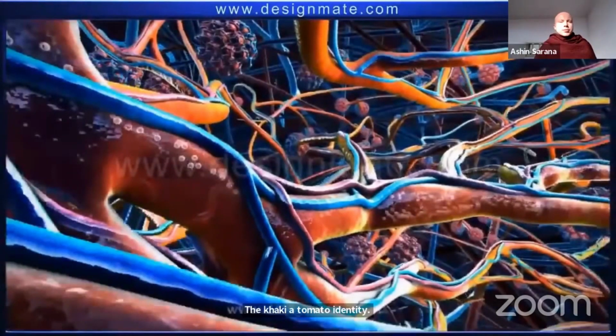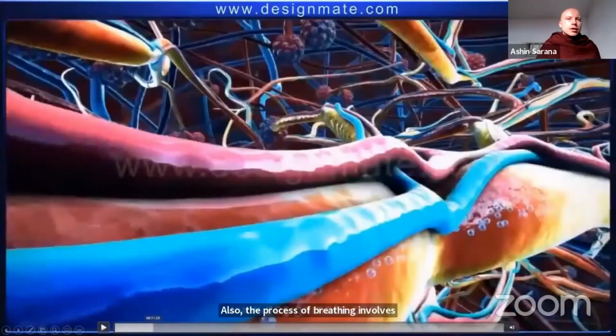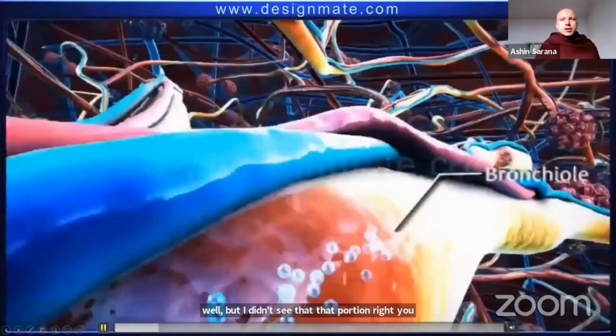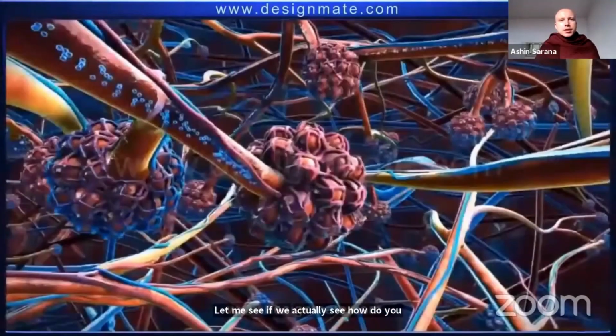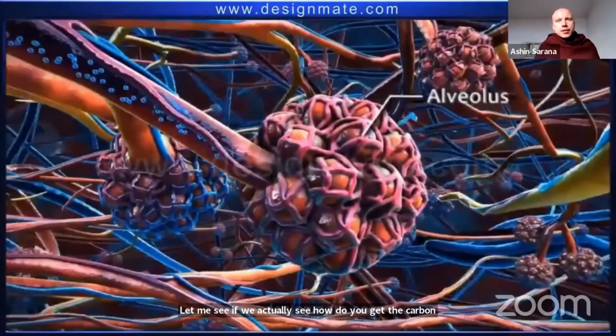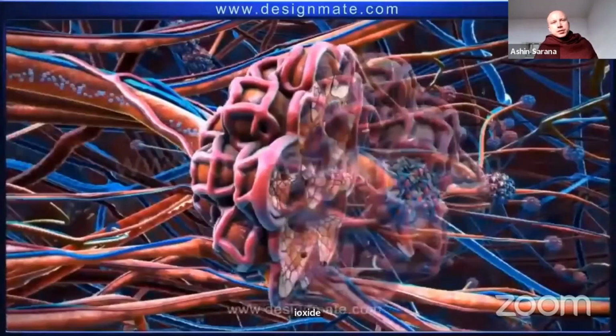Also, the process of breathing involves... well, but I didn't see that portion, right? Do you see it? Let me see if we actually see how you get the carbon dioxide from the lungs.